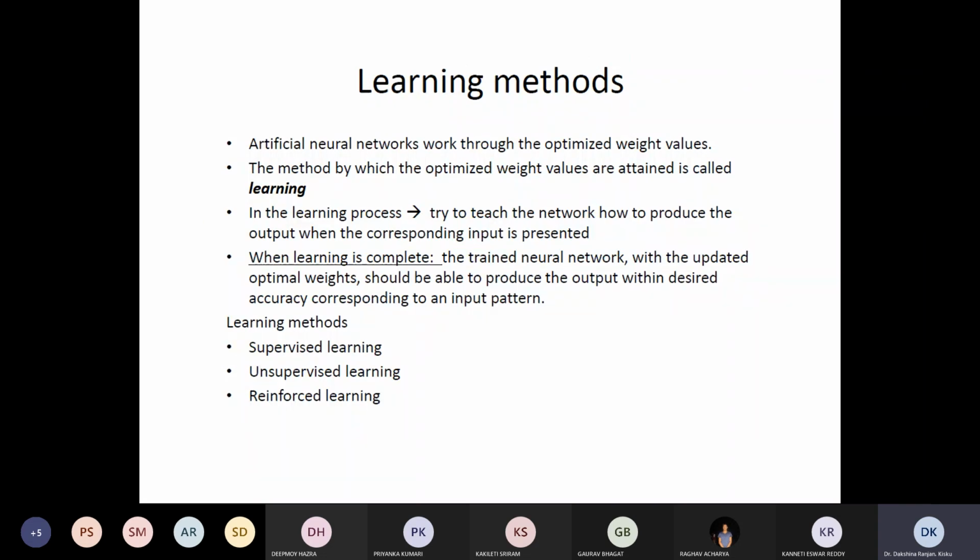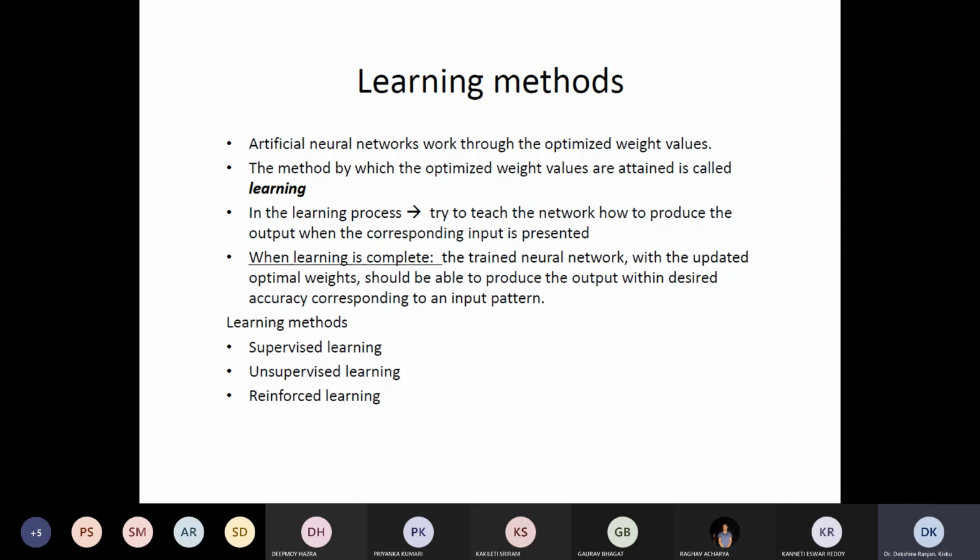If we fix the value of the bias, for the weight value we can initially start with some random weight vector, and then through learning we can optimize the weight values, and this optimization will give us the optimized weight values.